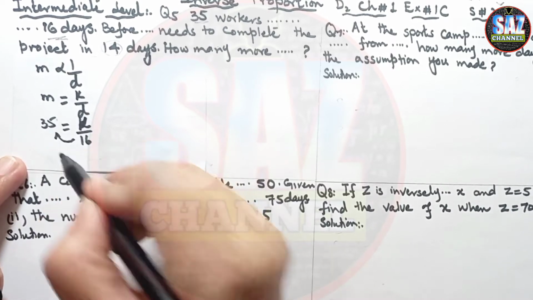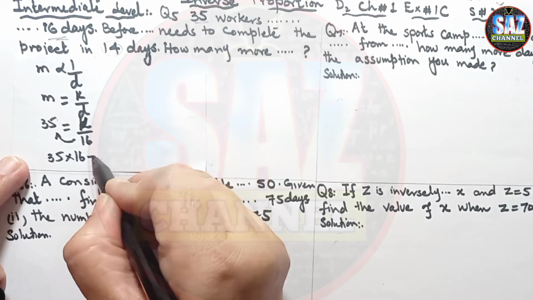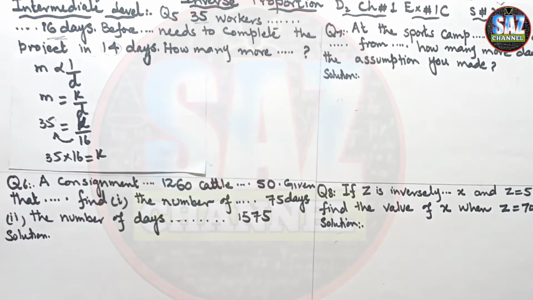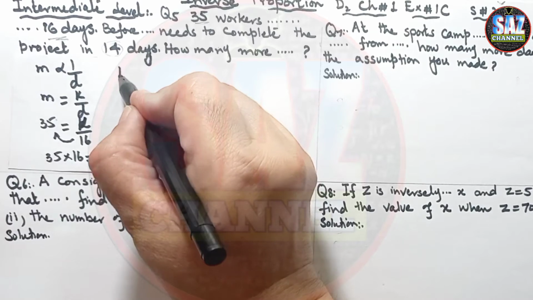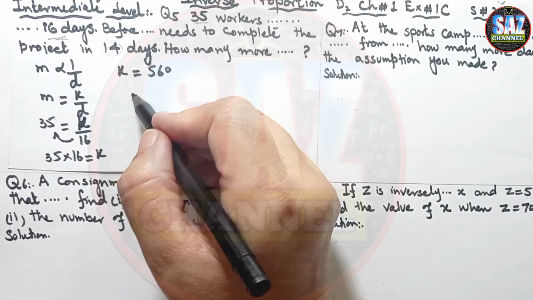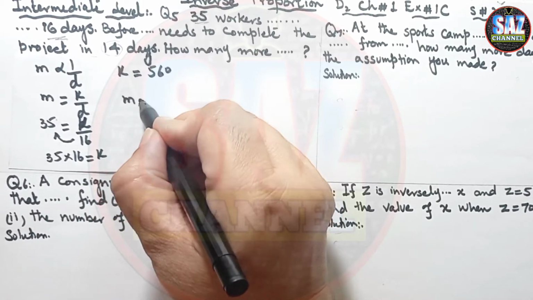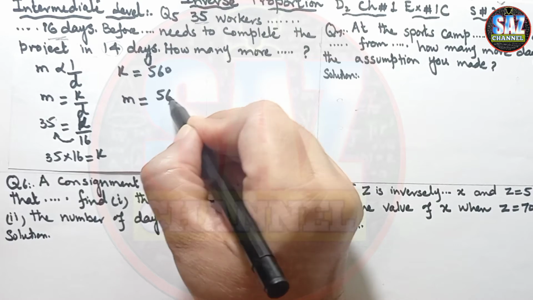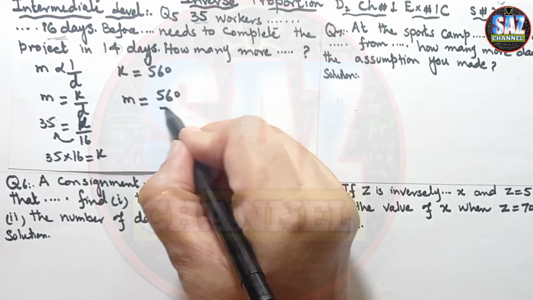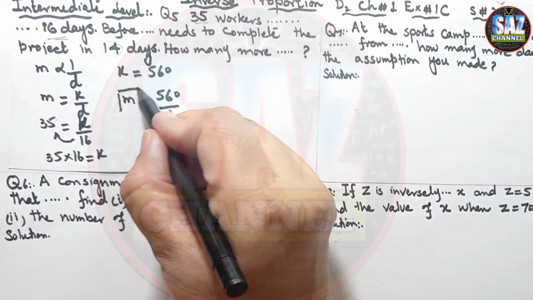Shift 16 to the other side: 35 multiplied by 16 equals k, and k will be equal to 560. Now we have to write down the equation that connects men and days. That will be m equals 560 divided by d. This is the relationship between men and days.